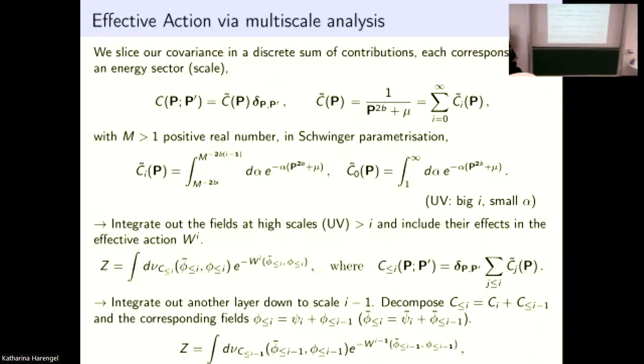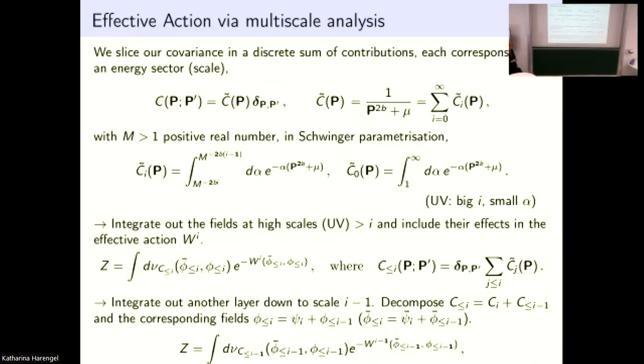So anyway, this is a rather standard procedure, but maybe I'll flash it just so that we are on the same page. We're going to try to do a renormalization group analysis with the Wilsonian renormalization approach using multiscale analysis.